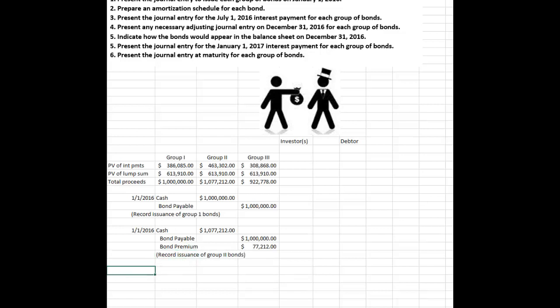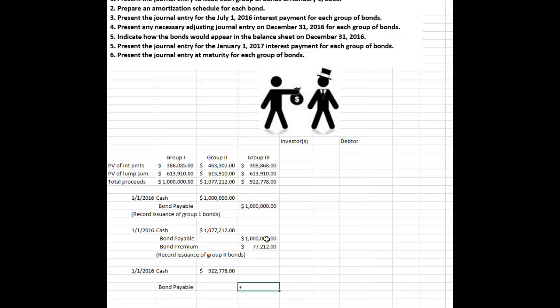And then the last one on January 1st of 2016 is for the Group 3 bonds. We're going to get cash of $922,778 because that's what the investors have agreed to give us. We're going to put the bond payable here.